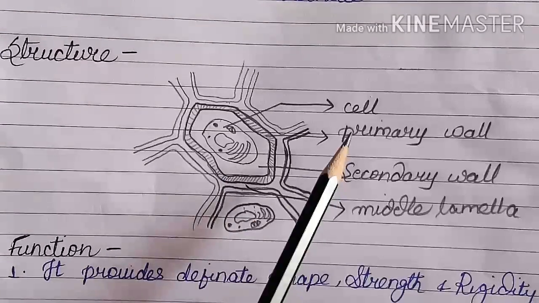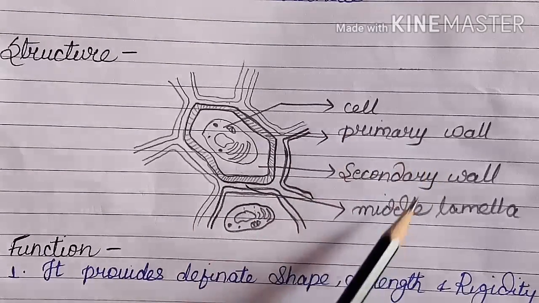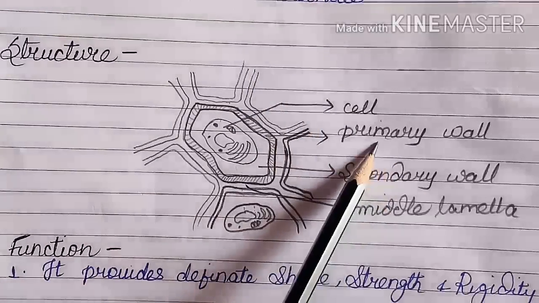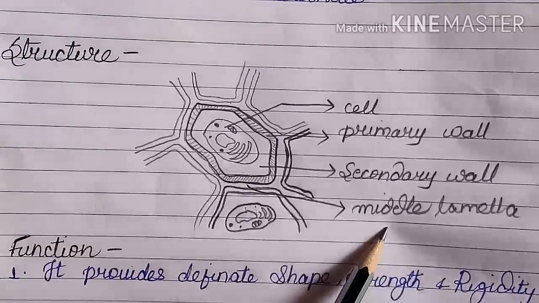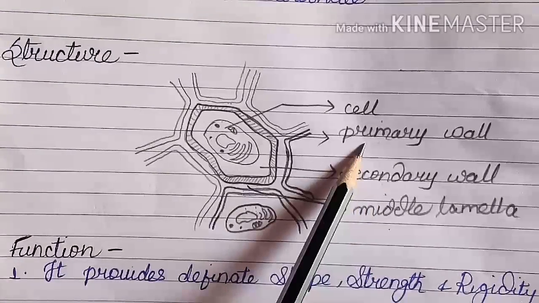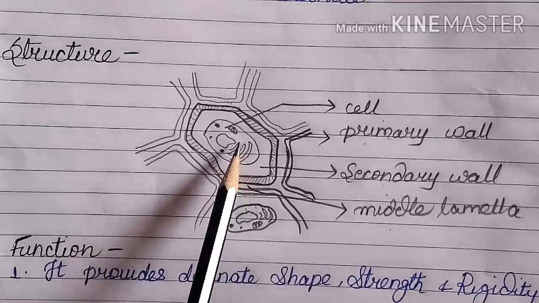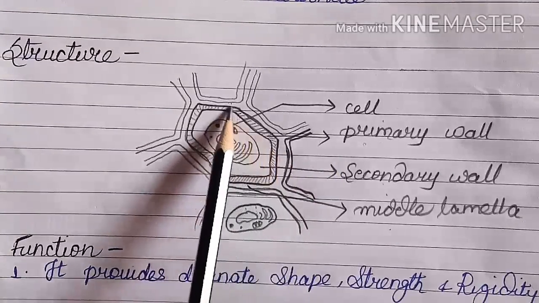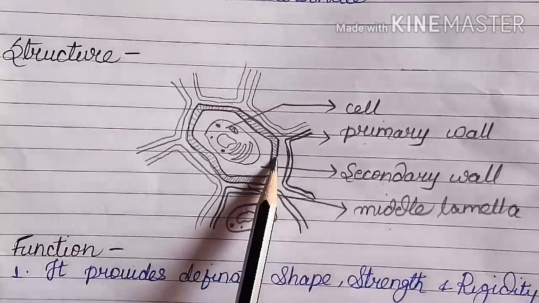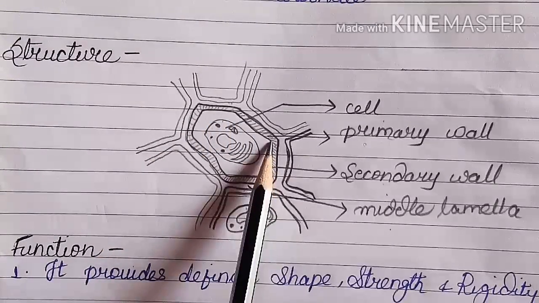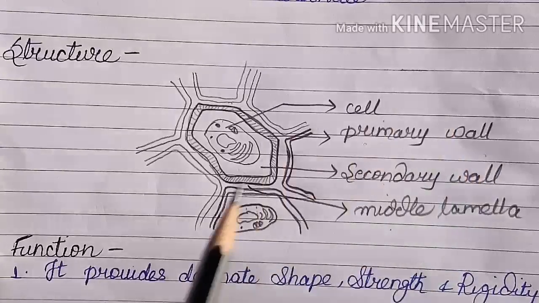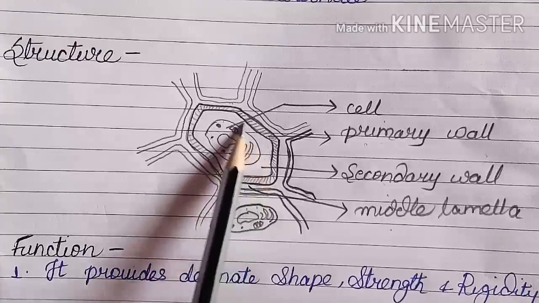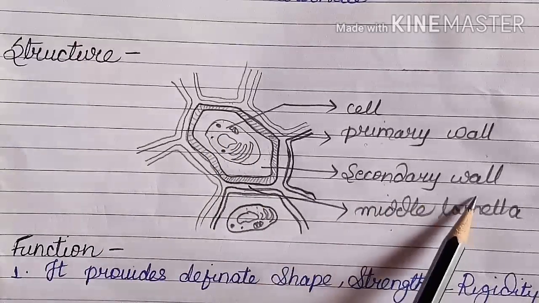Now, cell wall has three major layers. Cell wall is composed of primary wall, secondary wall and middle lamella. This is a cell, and the outermost shaded layer is the primary wall. Just below this layer there is one thick layer, known as secondary wall.